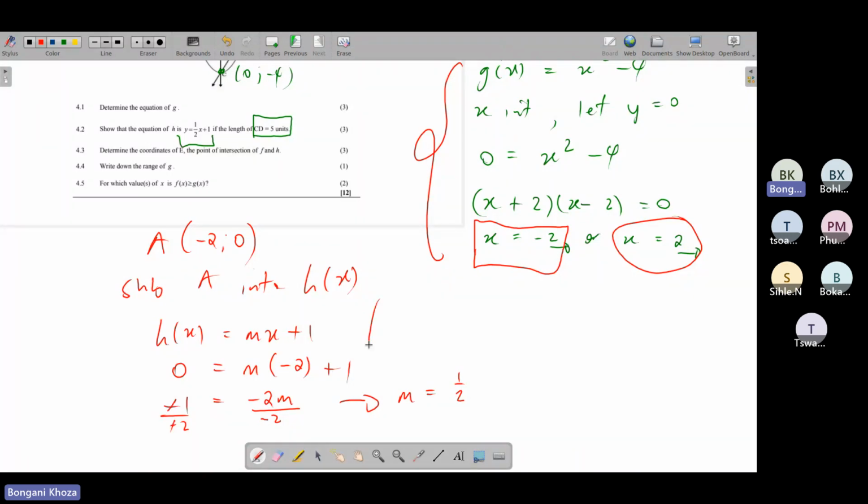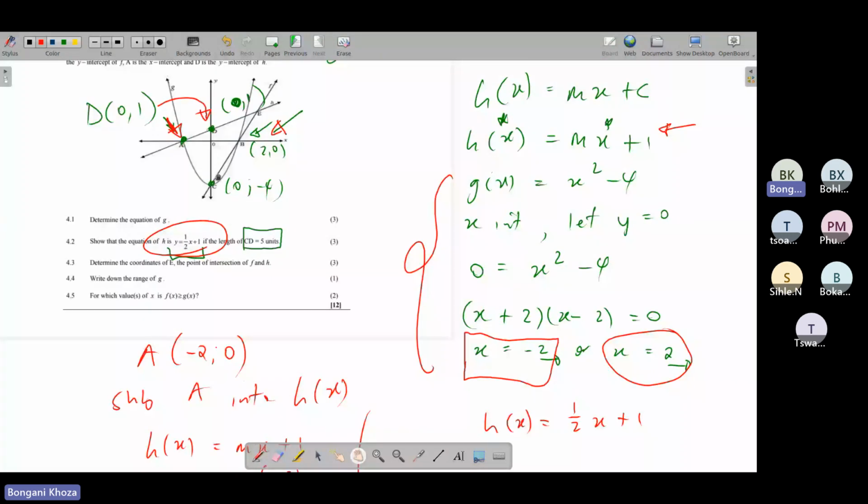Right. So now we can write our final equation for h at x, which is h at x equals m, which is 1 over 2, x plus 1. So we were able to show that this is true. The first trick was for you to understand that to get this coordinate, you just need to count from -4, count 5 units upwards, and then get that coordinate over there.